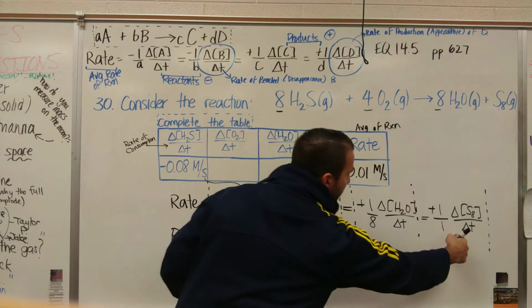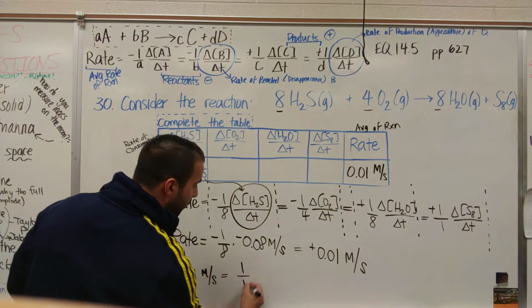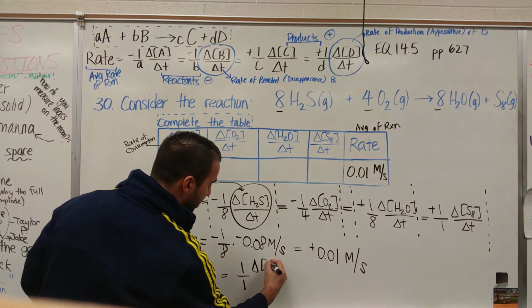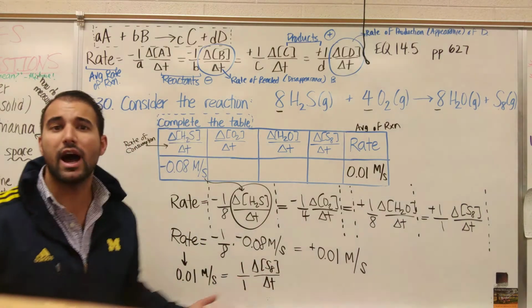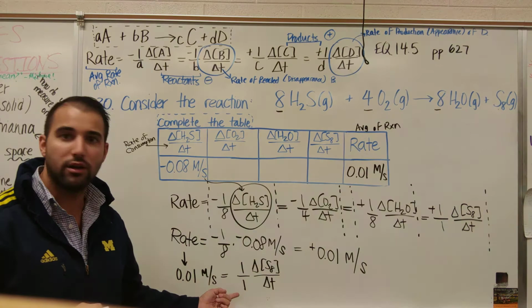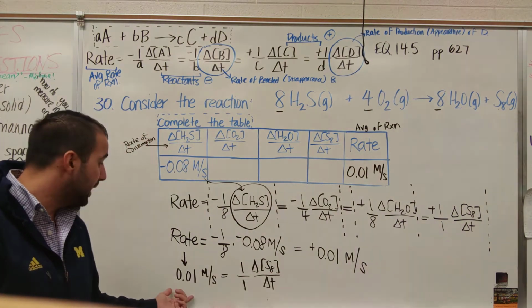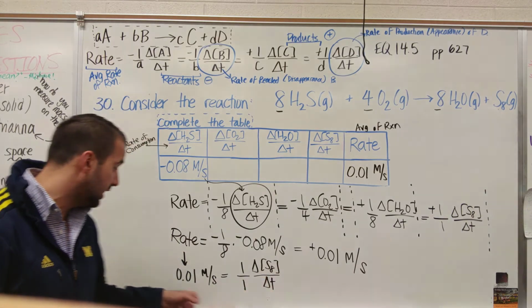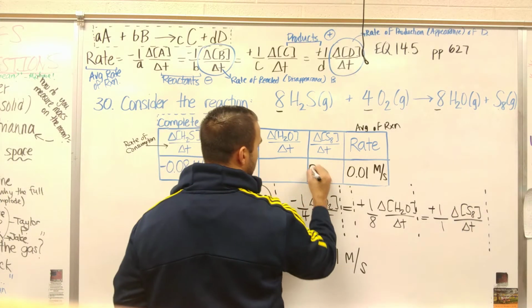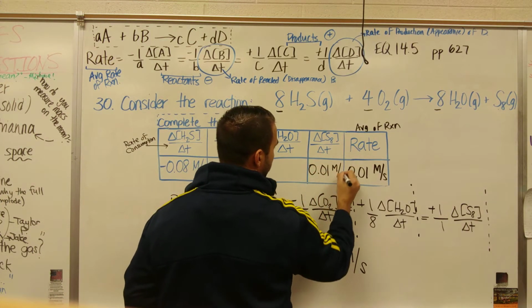I could set it equal to 1 over 1 times the change in S8 over the change in T. I don't really need to do anything with this 1 over 1, since it's multiplying by 1. Basically, this is saying the change in the concentration of S8 over the change in T is also equal to 0.01 molar per second.